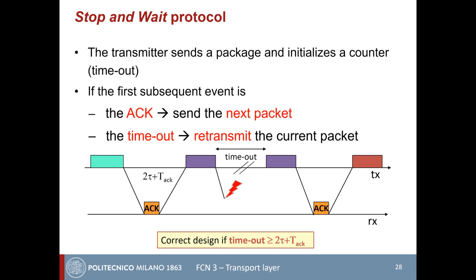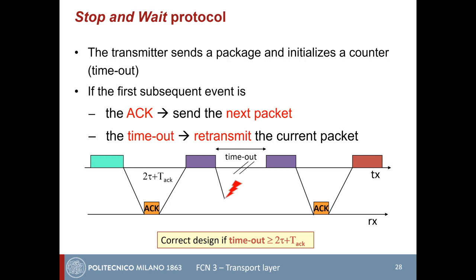So if you design the timeout, that is the time from the end of the transmission until the timeout expires, smaller than this value, then stop and wait doesn't work, because all the timeouts will always expire. So the timeout must be larger than this value. How much larger? Well, it's up to the design features. Okay, it's up to the designer. So you can select a timeout that is greater than or equal to this value.